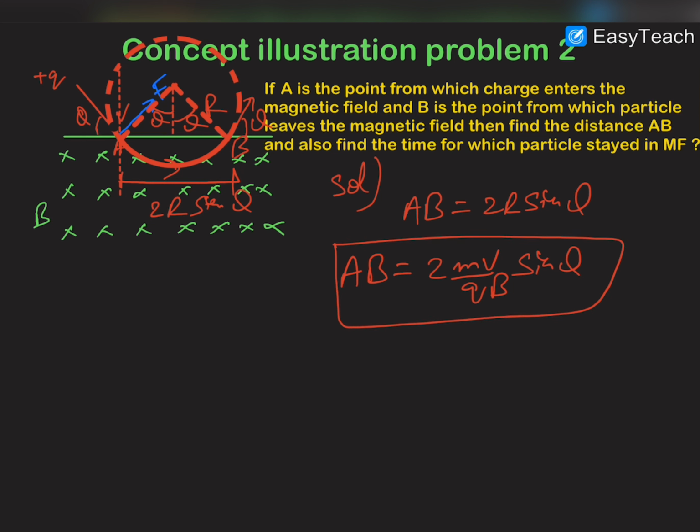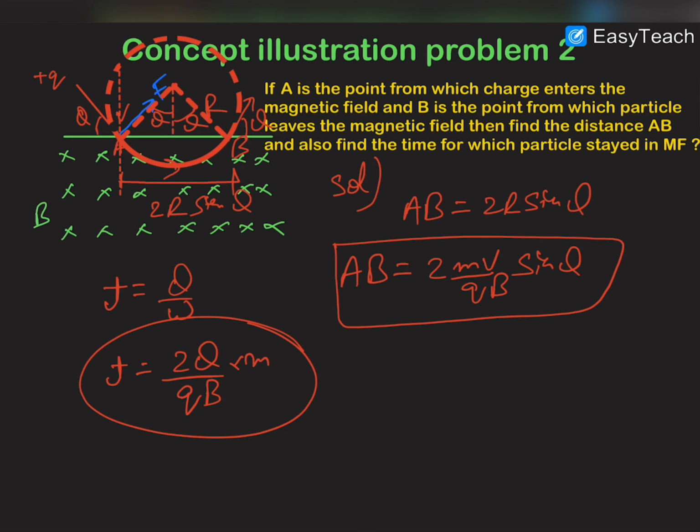This is the distance, and now the time for which it remained in the magnetic field is obviously t is equal to theta by omega. Now this theta is the angle made by the particle at the center, and this is 2 theta in this case, so this is 2 theta by omega. Omega is qB by m.